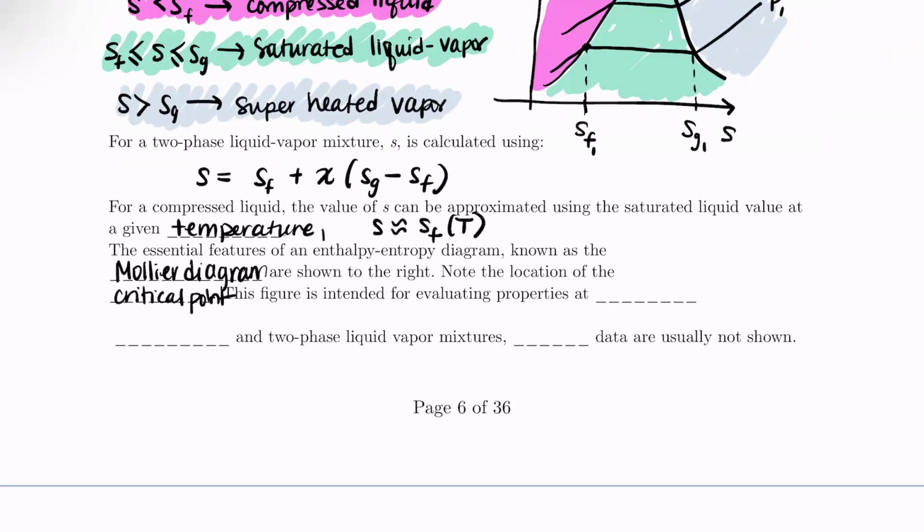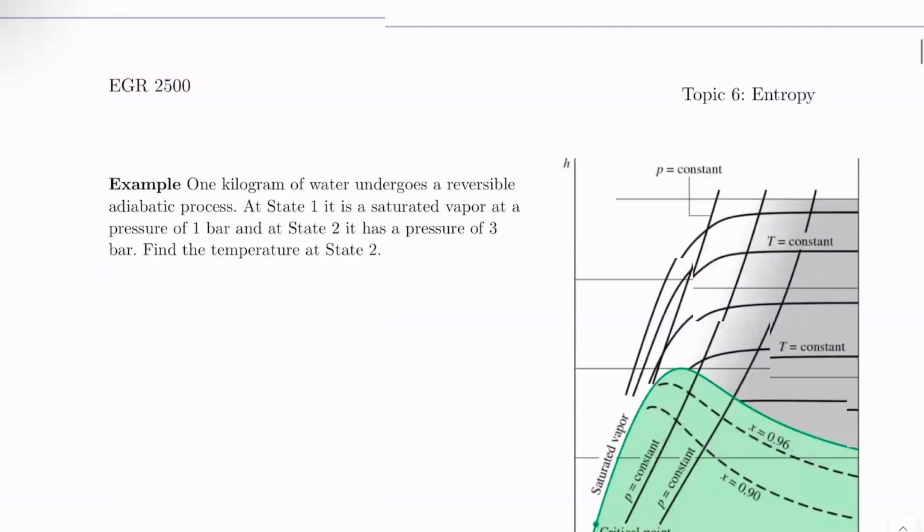So this figure is intended for evaluating properties at superheated vapor and two-phase liquid-vapor mixtures. And liquid data is generally not shown on these types of figures. Okay, so here is the diagram.